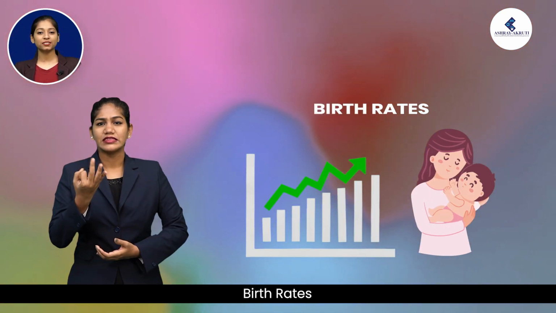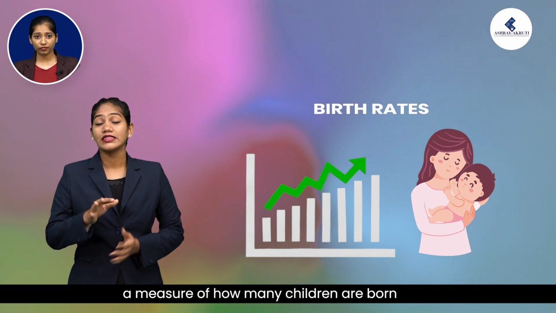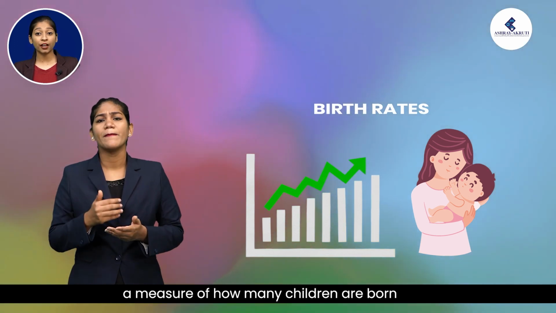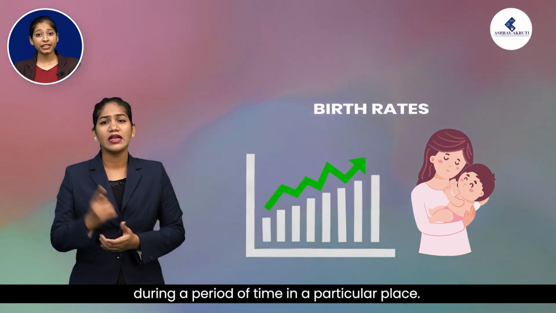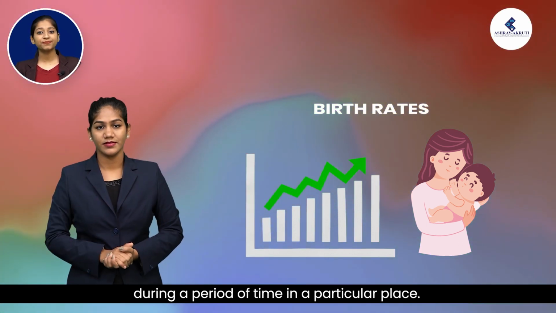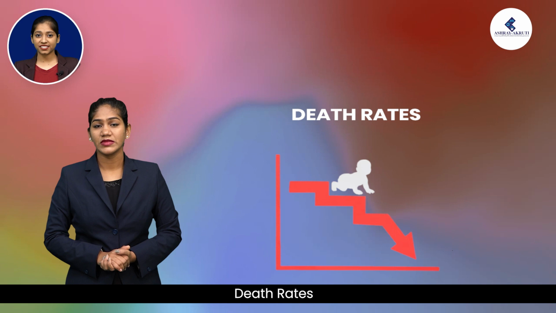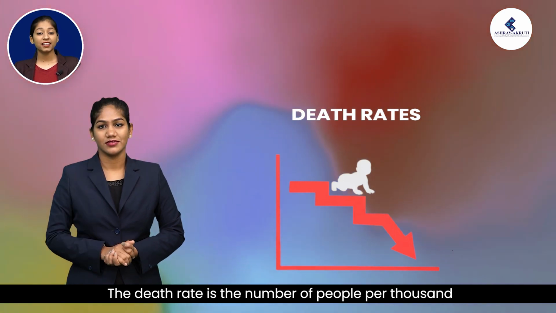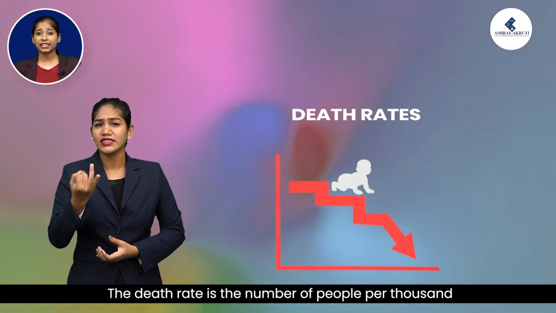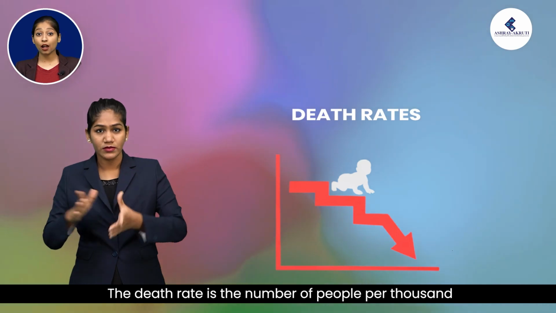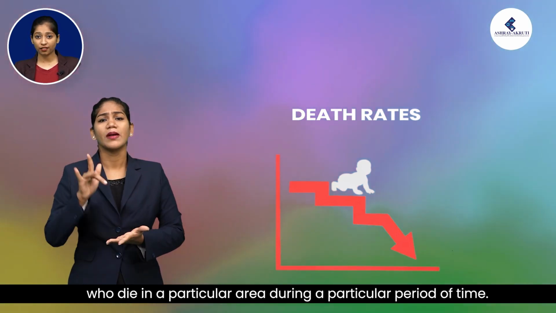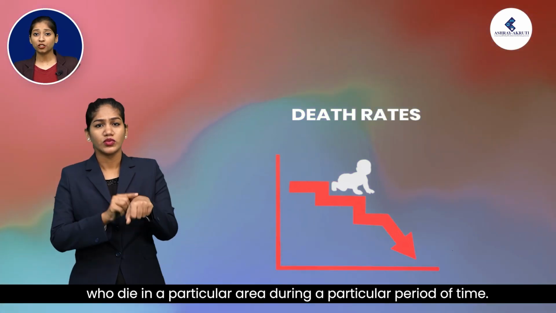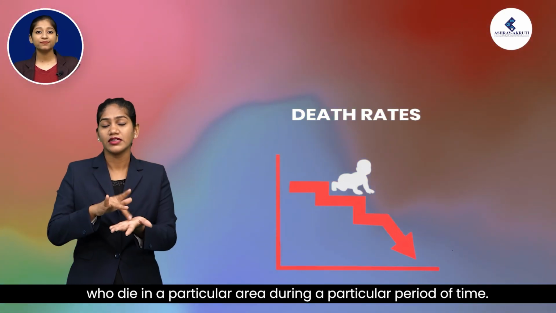Birth rates, a measure of how many children are born during a period of time in a particular place. Death rates. The death rate is the number of people per thousand who die in a particular area during a particular period of time.